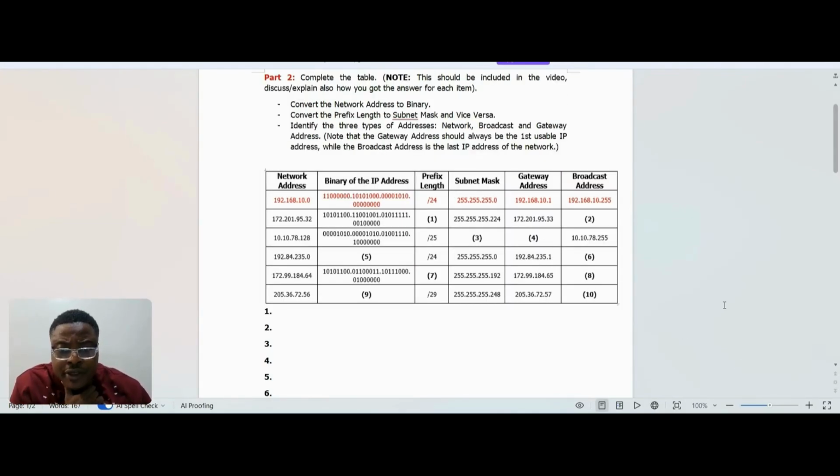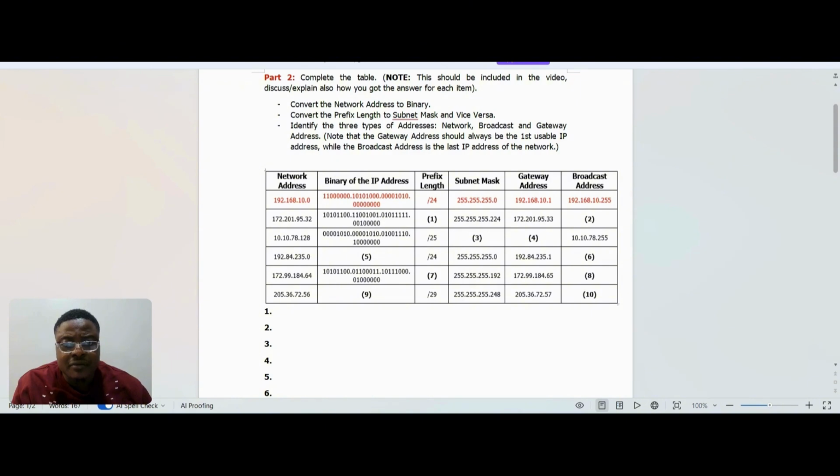First of all, to get the prefix length of the network IP address 172.201.95.32, which has a subnet mask of 255.255.255.224, I'm going to convert the subnet numbers to binary so that I can get the prefix.